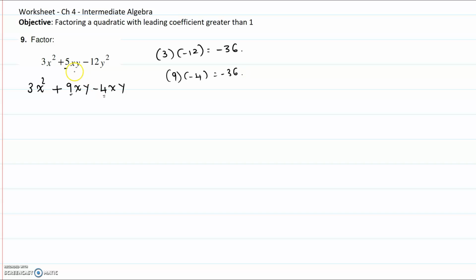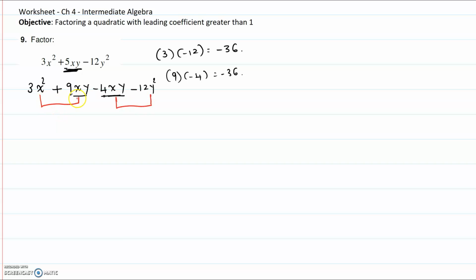So we're going to break apart the 5xy into the sum of these two terms, and then we are going to keep the negative 12y squared as is. Now, we have split the 3 terms into 4 terms. So anytime you have 4 terms, we do the factoring by grouping.